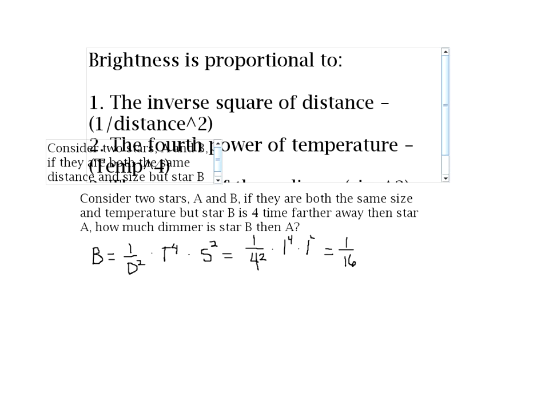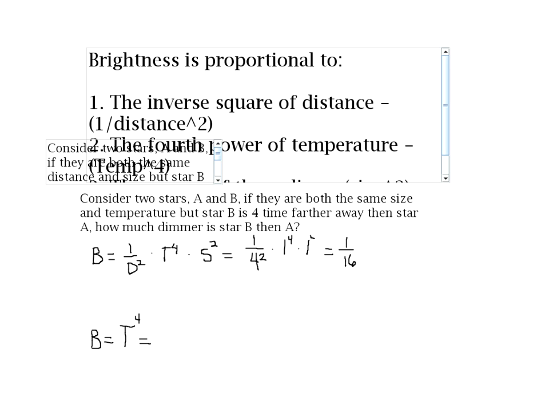The relative brightness is going to be, since the distance and the size are the same, all we have to consider is the temperature, and the relative brightness between the two is the temperature to the fourth power.